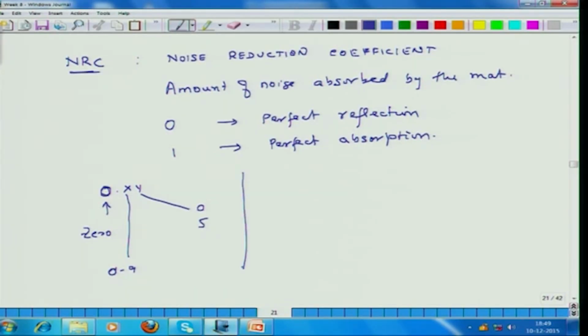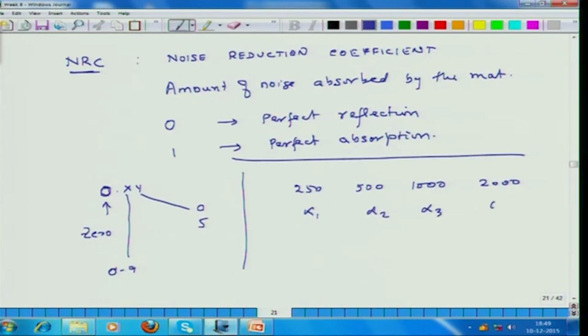And how do you calculate NRC? You take the material and find its absorption coefficient at different frequencies. You measure it at 250, 500, 1000 and 2000 hertz. These are the standard frequencies. Then you find alpha 1, alpha 2, alpha 3, alpha 4.